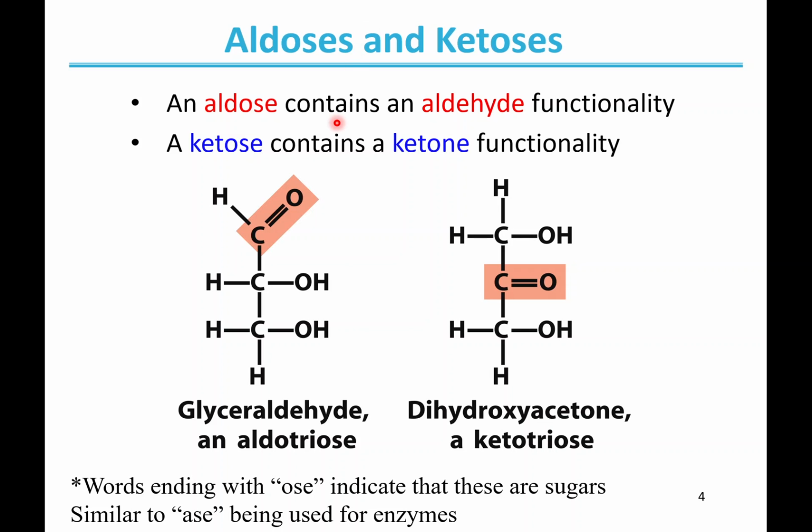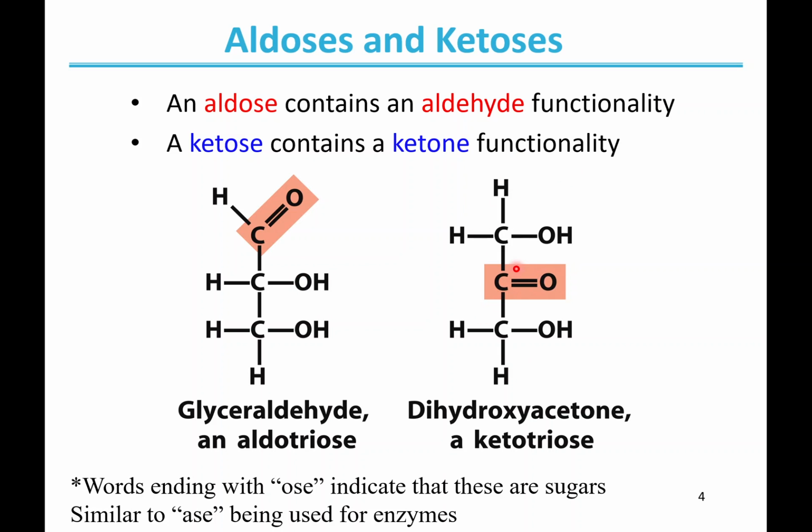These are the two types of sugars that we consider. One is an aldose, glyceraldehyde, and when its carbonyl group is on the end, this functional group is an aldehyde. So we call sugars that have the carbonyl at the end of the chain aldoses. Glyceraldehyde is an aldose.